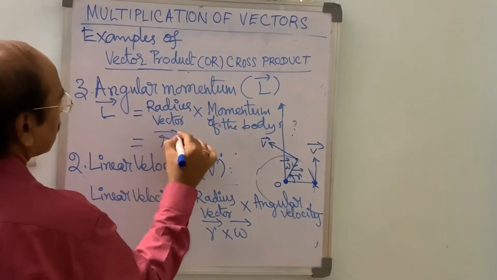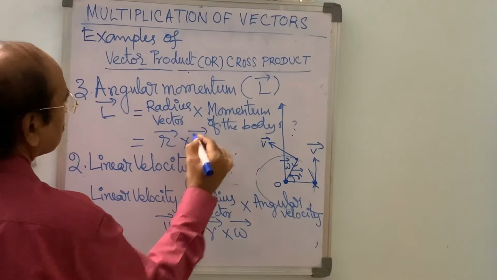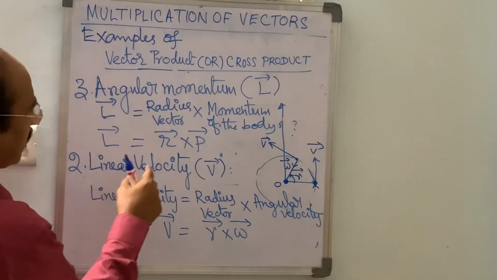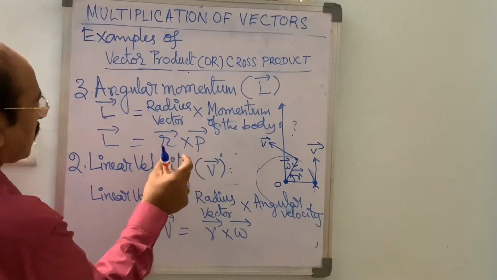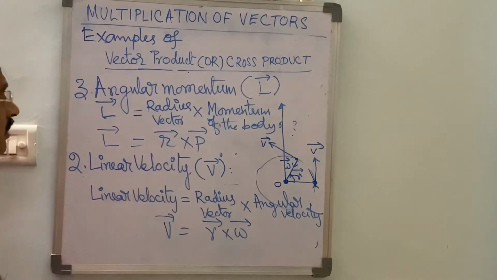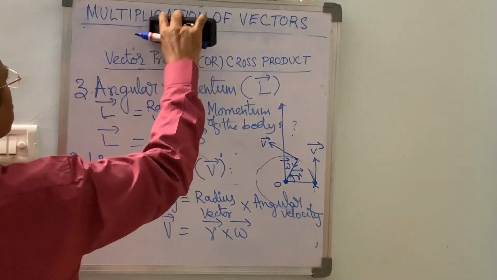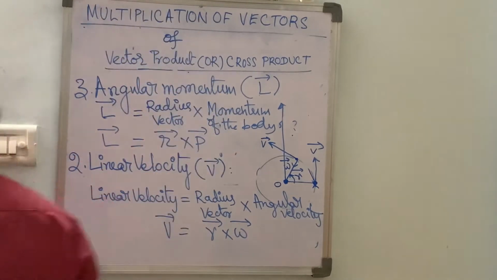Therefore, r bar cross p bar. So, the angular momentum vector is obtained by taking the cross product of the two vectors, radius vector and momentum p bar. Now, let us know the properties. Now, we discuss the properties of vector product.